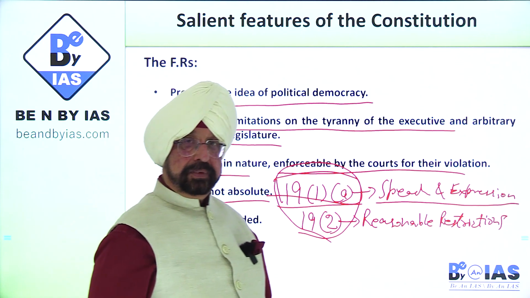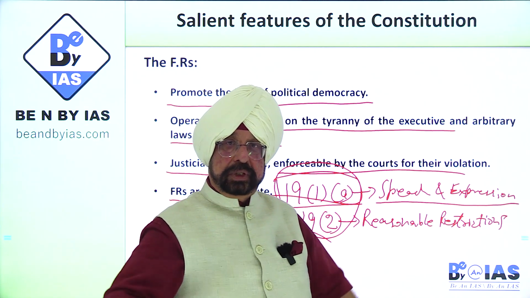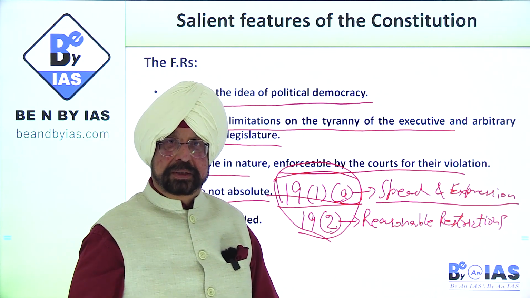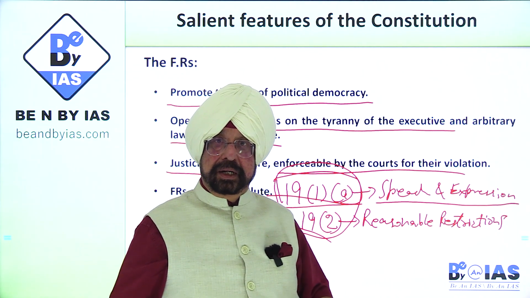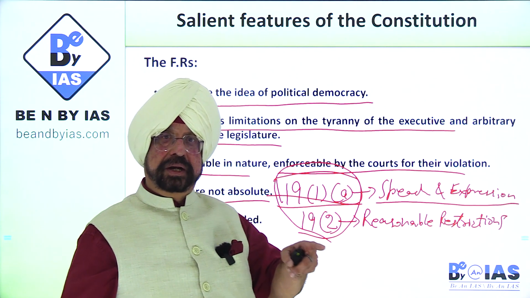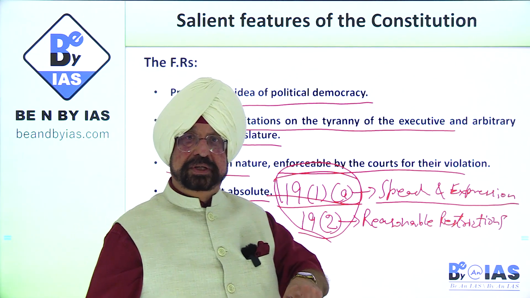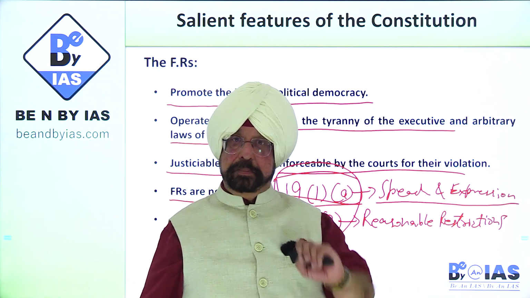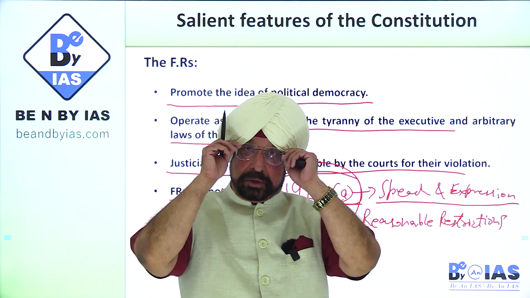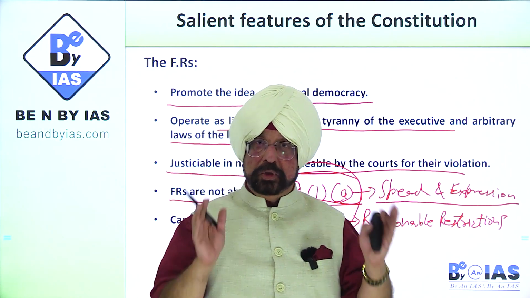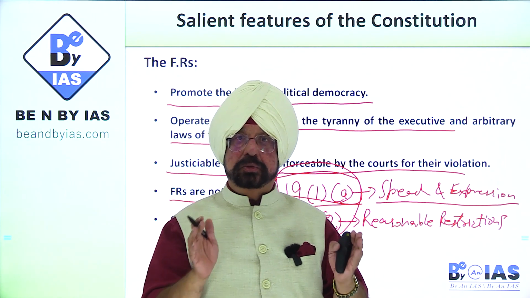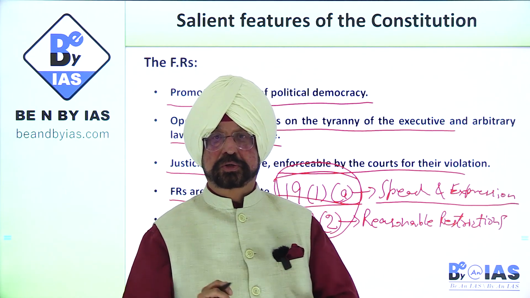We take the case of 19(1)(g). You can have any profession, you can do any business. But then the reasonable restrictions are under 19(6), which say that if you are having a profession, the state can impose certain conditions as to what qualifications you should have.